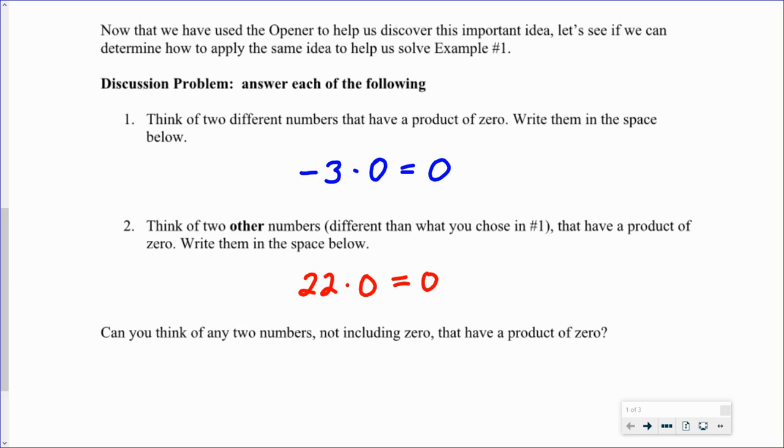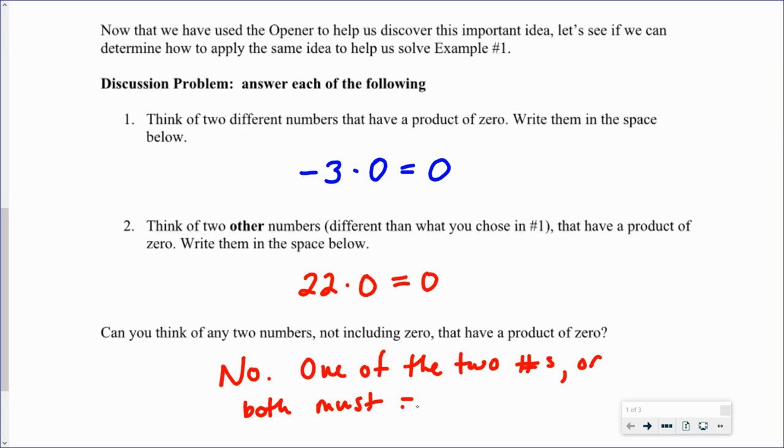And the answer is no. One of the two numbers, or both, must equal 0 in order to get a product of 0. So again, keep that in mind as we're working our way through this.